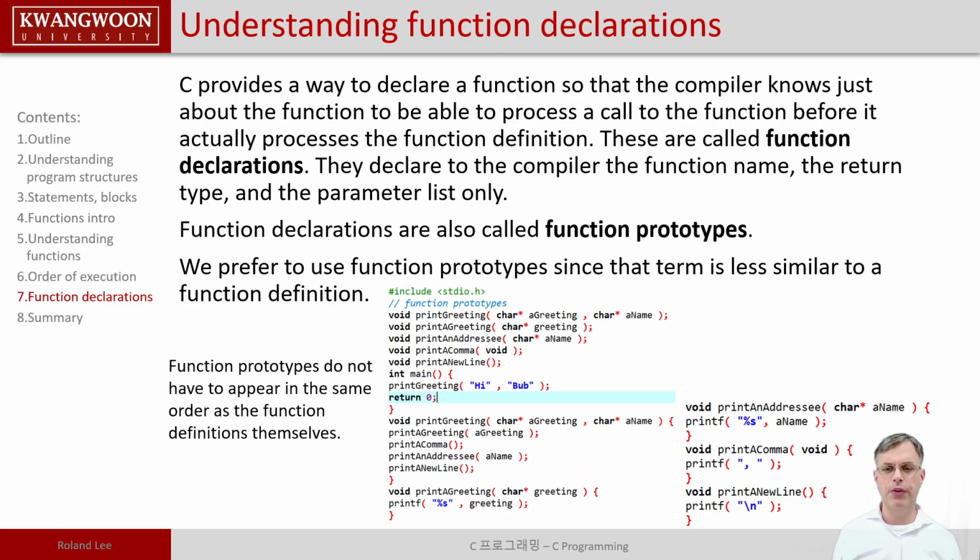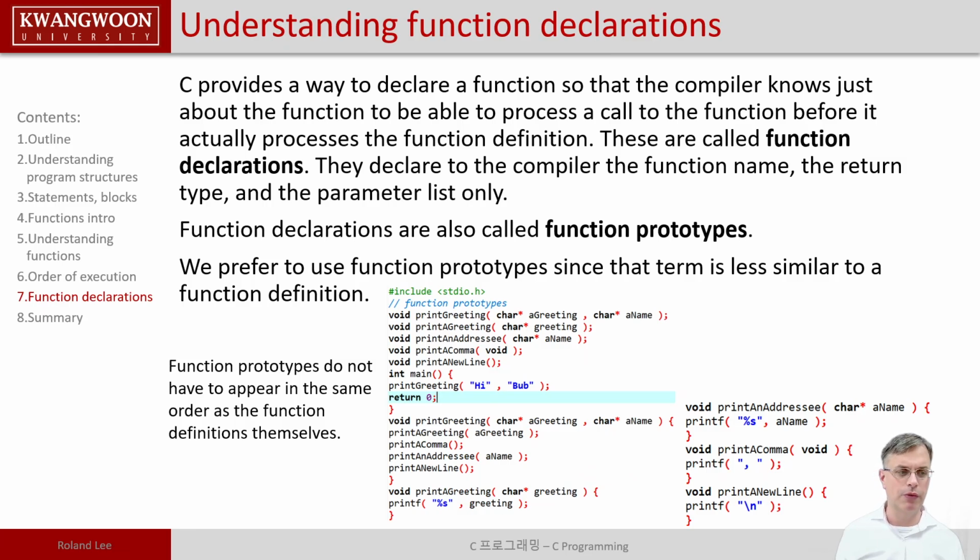This behavior is somewhat limiting, since we may want to call a function from anywhere in our program. We don't want to get caught up in its relative position in the program and have to reshuffle the definitions of the functions just to make the compiler happy. The compiler is supposed to work for us, not the other way around.